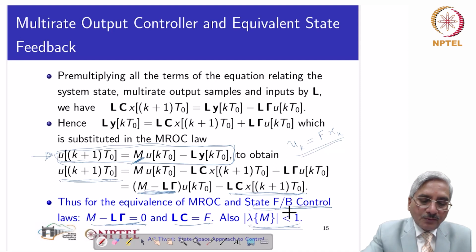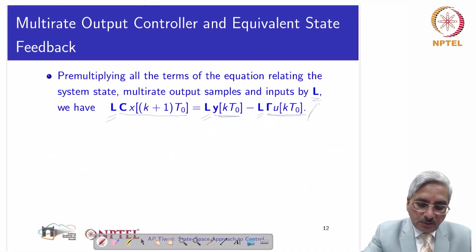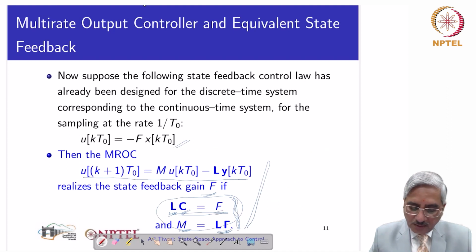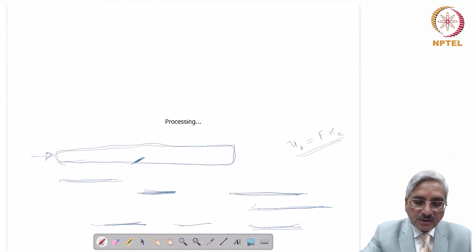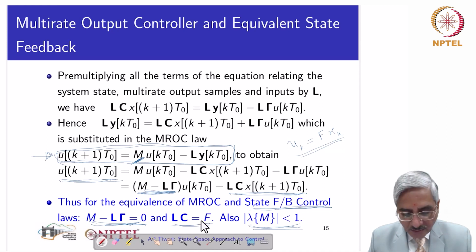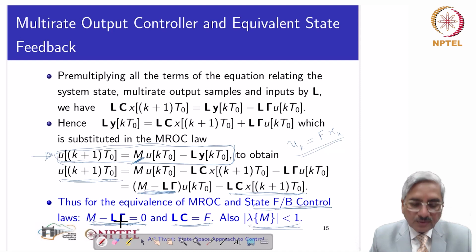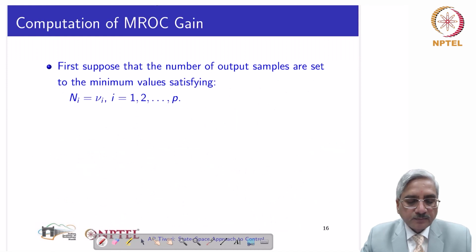Then we have this. This is what we wanted to prove. So I am going back. This is what we wanted to prove. We get that in a few small derivations, which I just now explained. So LC equal to F is the basic design equation, and M equal to LΓ, subject to M representing a stable system.